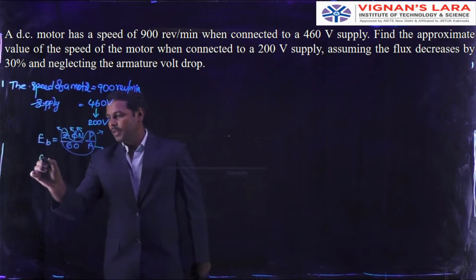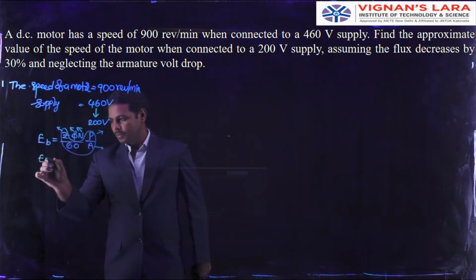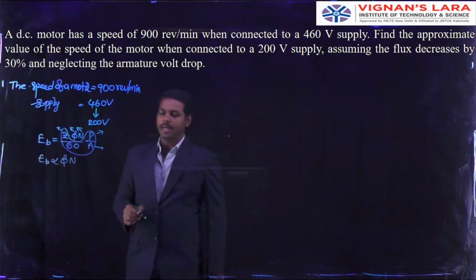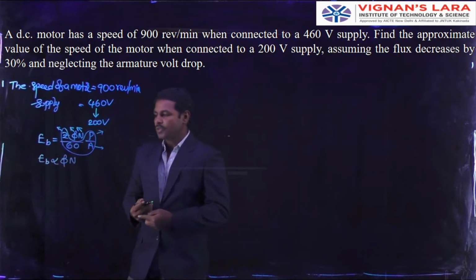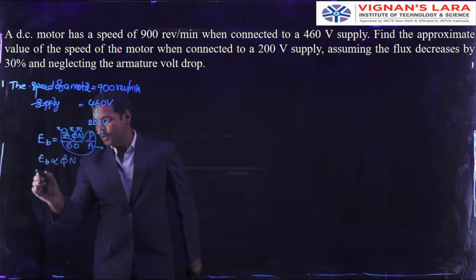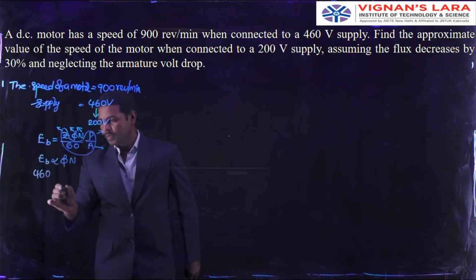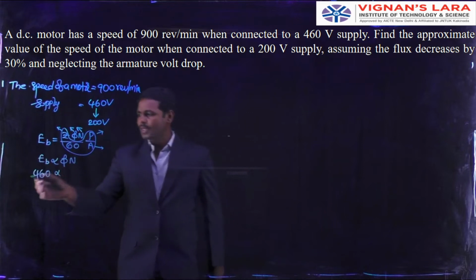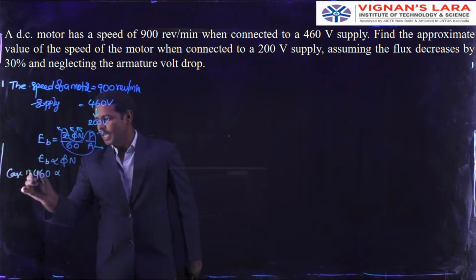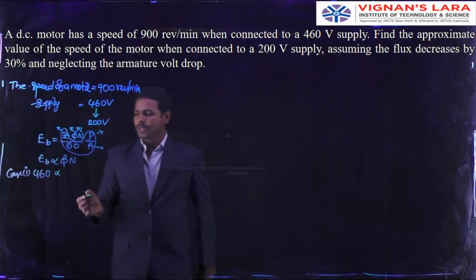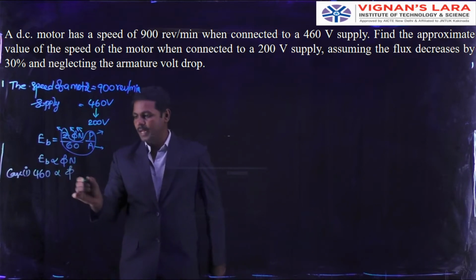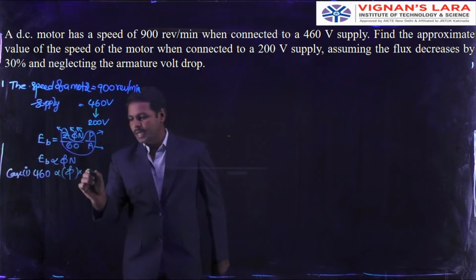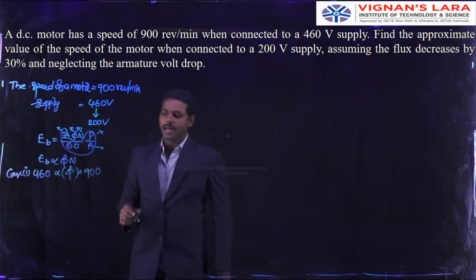So EB, or the EMF voltage, is always directly proportional to phi into N. Initially the voltage is equal to 460, which is proportional to phi into N. So that is case number 1. Case 1: 460 volts, the corresponding flux is phi multiplied with the speed of the armature, which is 900.